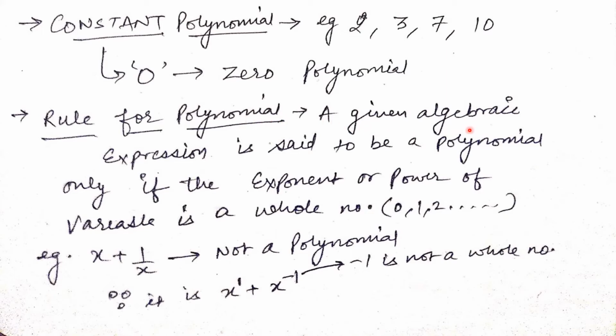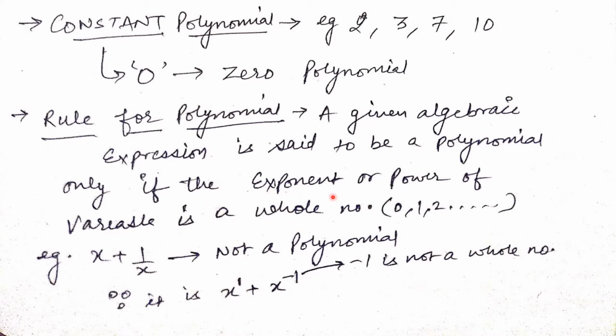A given algebraic expression is said to be a polynomial only if the exponent or power of the variable is a whole number. So it is saying all the variables in that polynomial, their power should be a whole number.